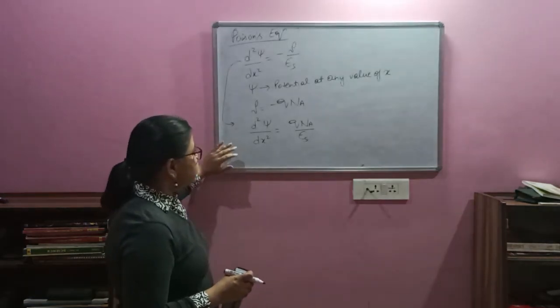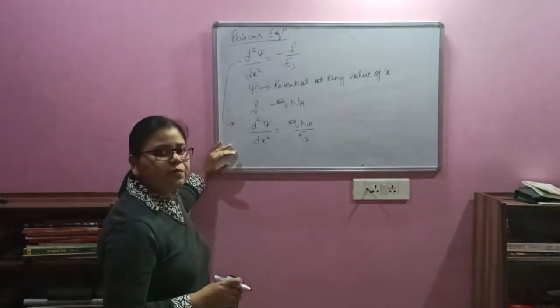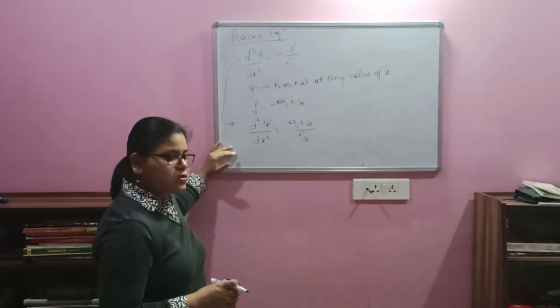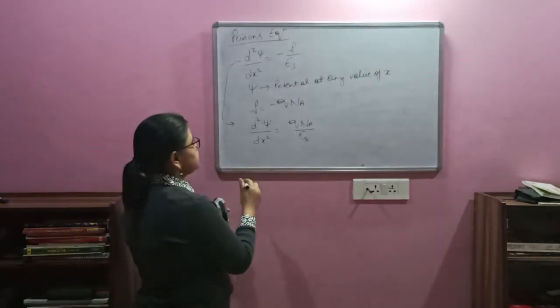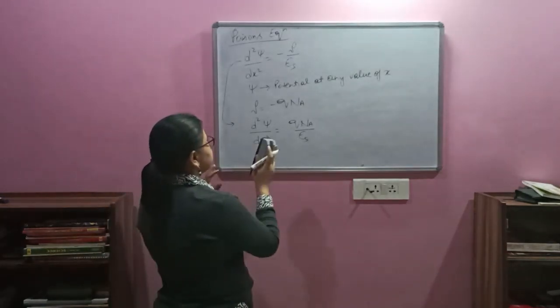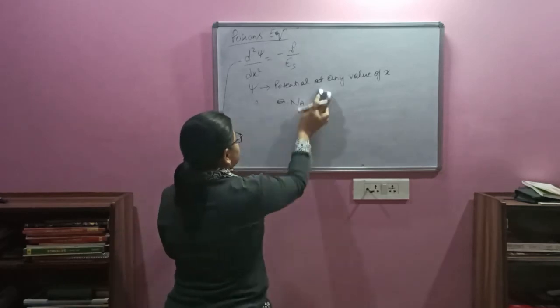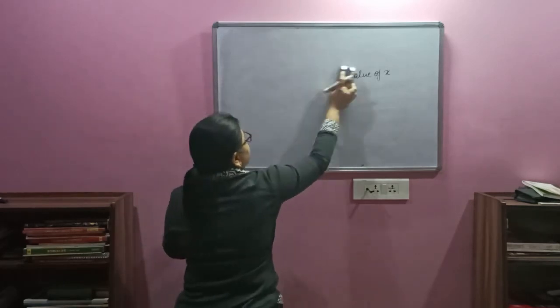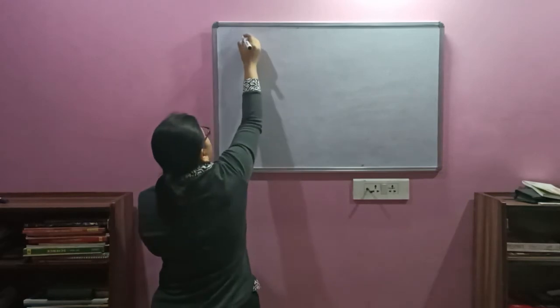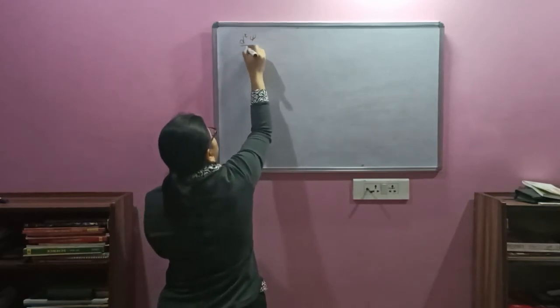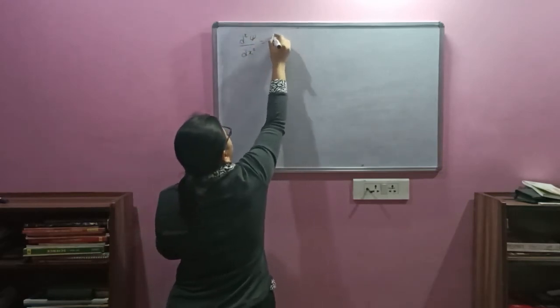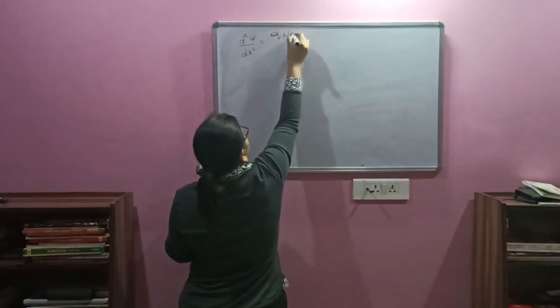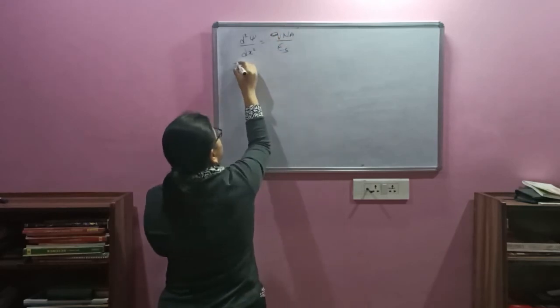Now I will integrate this equation further and then place the boundary conditions into it. So we have d2 psi dx square equals q Na upon epsilon s.